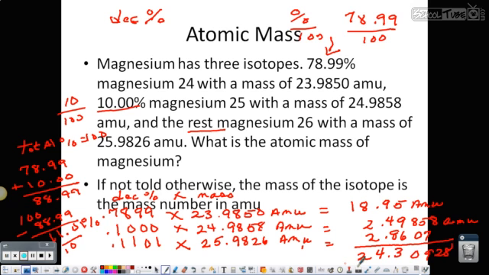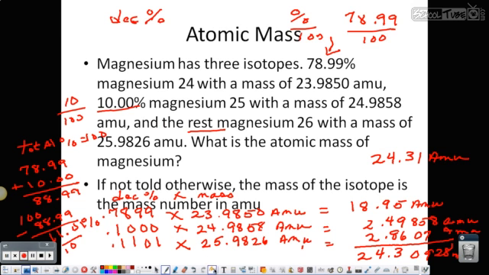Round off to 4 significant figures, so my answer is 24.31 AMU. So AMUs.